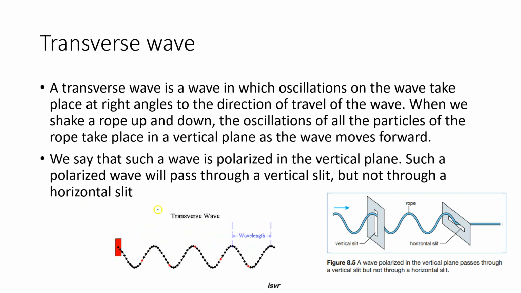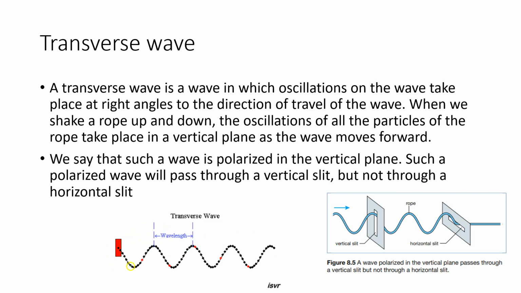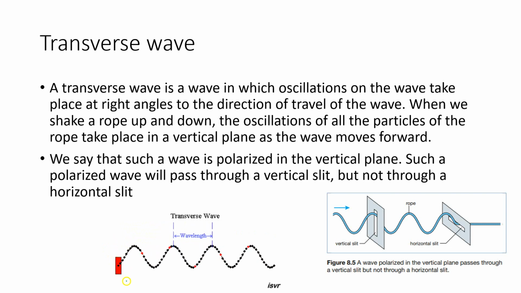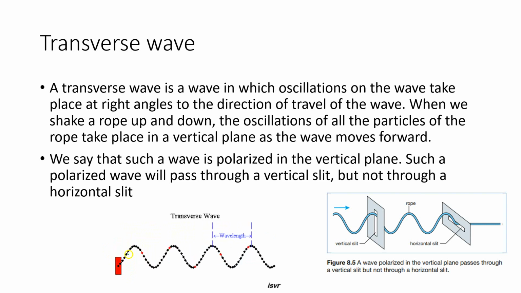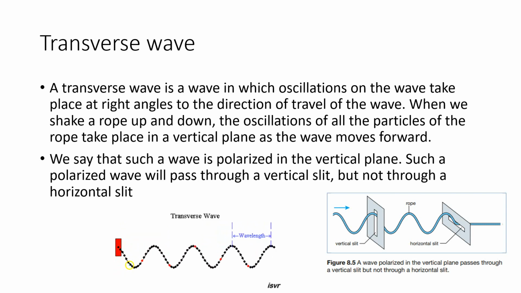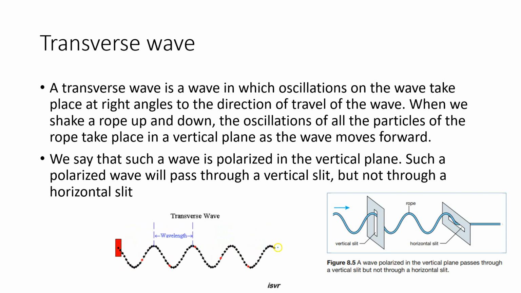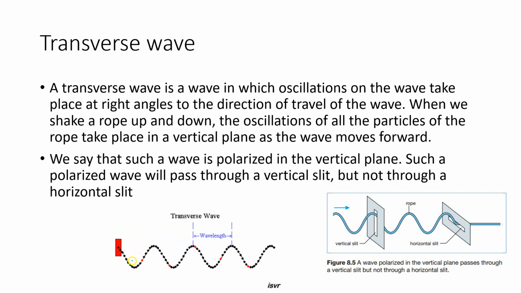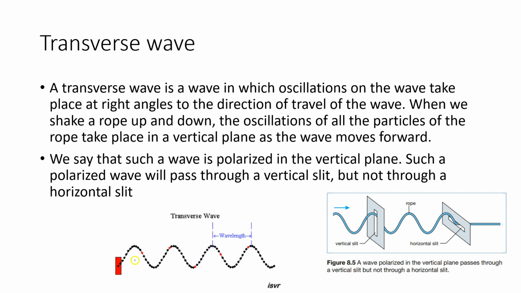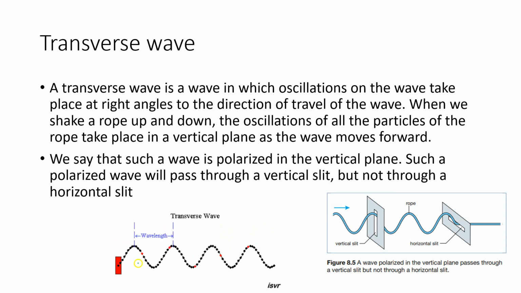If you look at this, right here we have a wave. These are the particles in the wave. They are moving up and down. But at the same time, what you're seeing is that the movement of the wave is going towards the right. So from this, we are seeing that the oscillation is taking place at right angles to the travel of the wave.